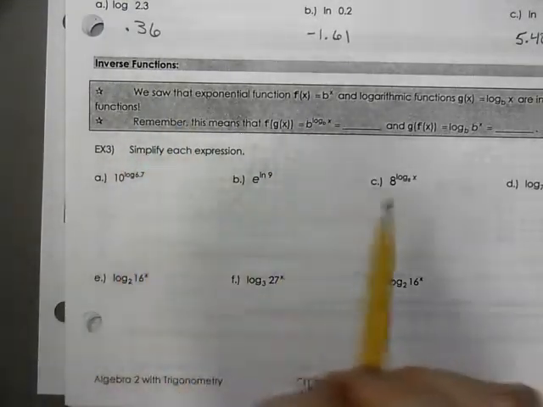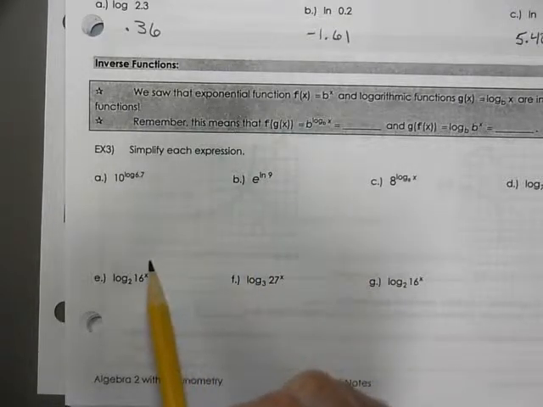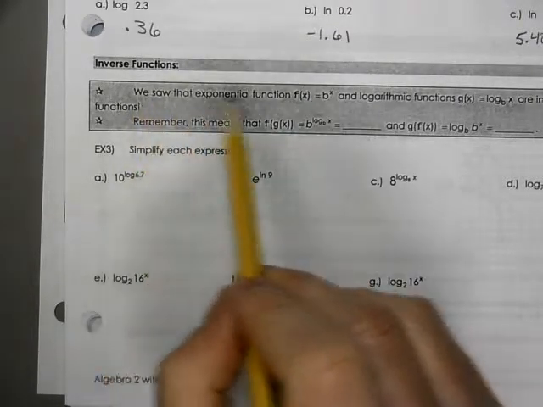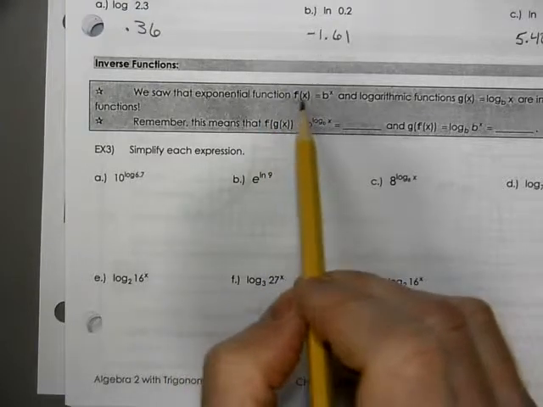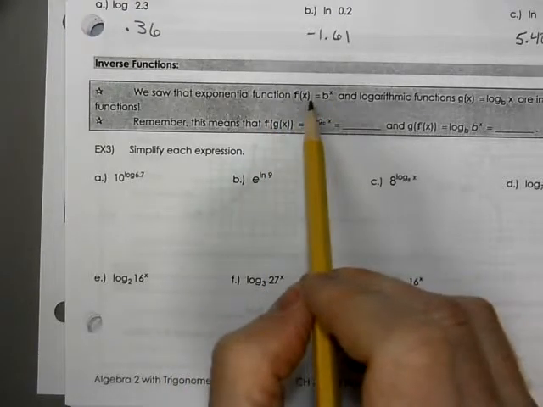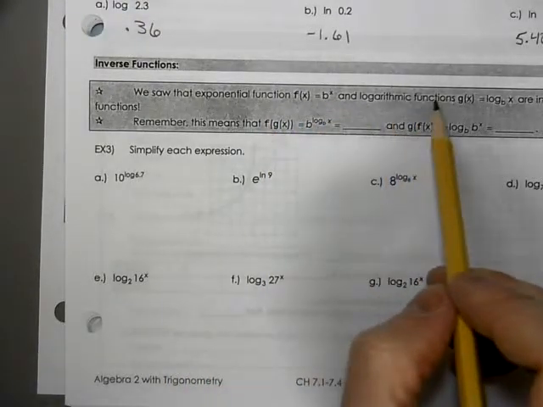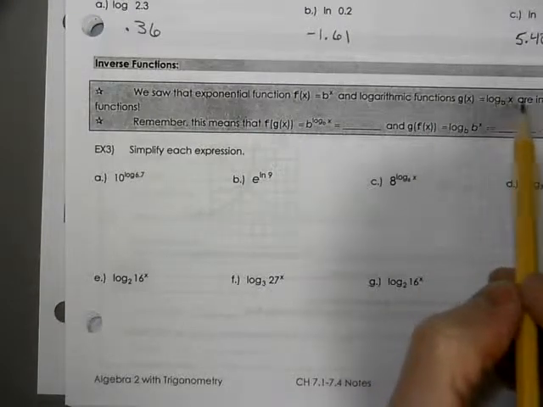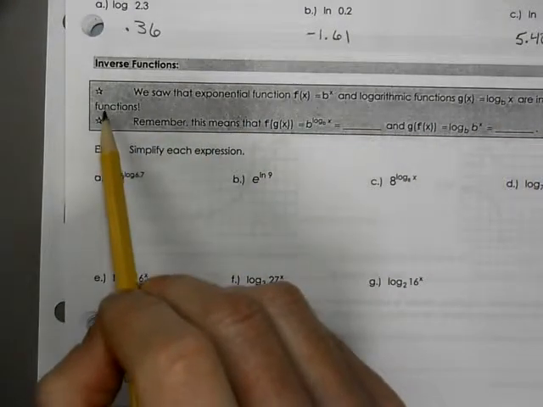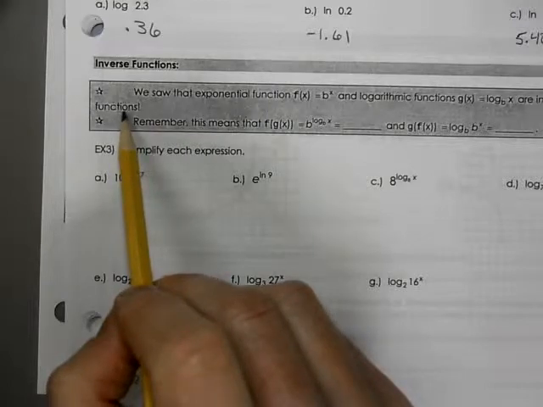Okay, now these can be a little tricky to understand. We've talked in the past about the exponential. Now we've been talking about logarithmic, and they are known to be inverses of each other.